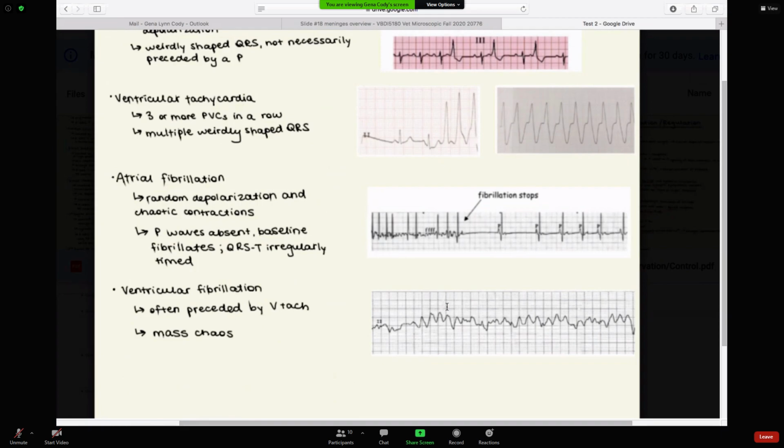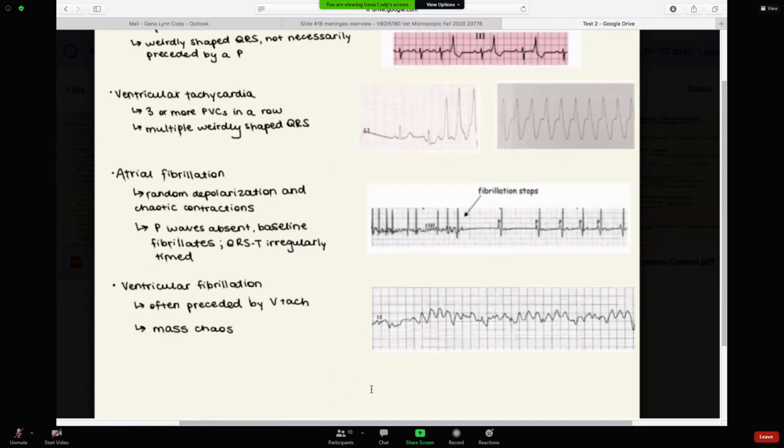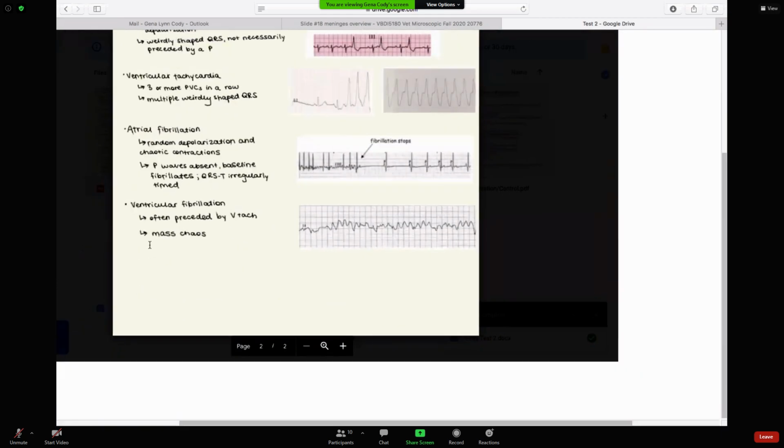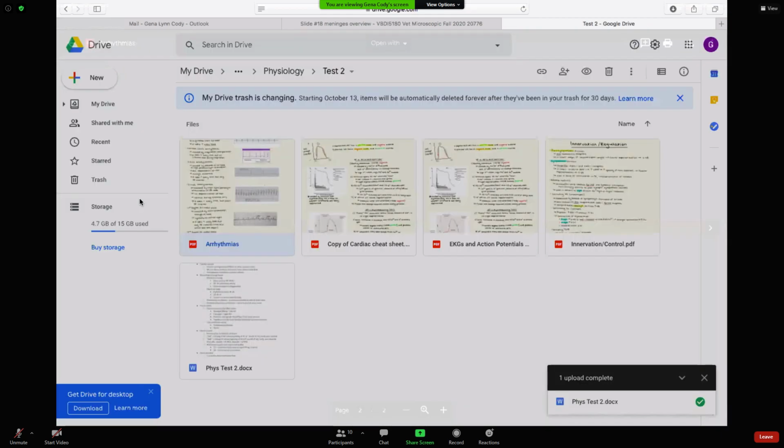And this one, if not fixed, is going to kill you, because if my ventricles are not effectively pumping out blood to my body, I'm not going to get the oxygen that I need. If they're just maybe giving me 10 milliliters at a time, I'm not going to be able to supply my body with all the oxygen that it needs. So those are the arrhythmias and how they look on EKGs.